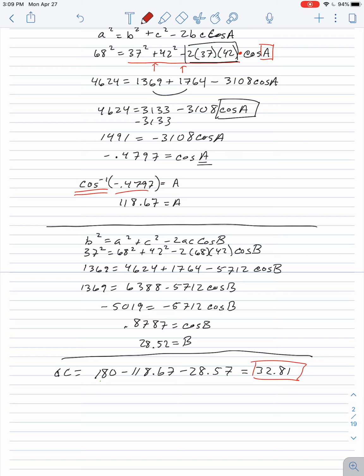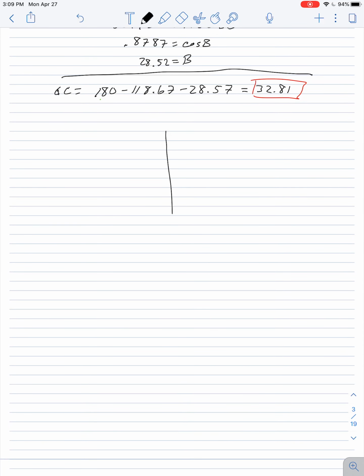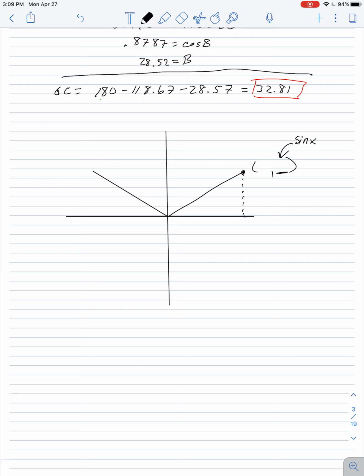Now, an interesting little thing to ponder. In the law of sines, sometimes we had more than one answer, and we talked about this in the last lecture. The reason is because when you are looking at the sine, which is a y-coordinate, there are always two answers. This is your y component right here, but there's also another y component over here that is always the same.